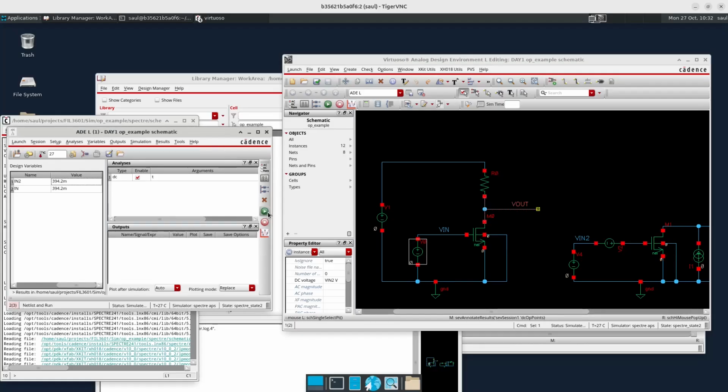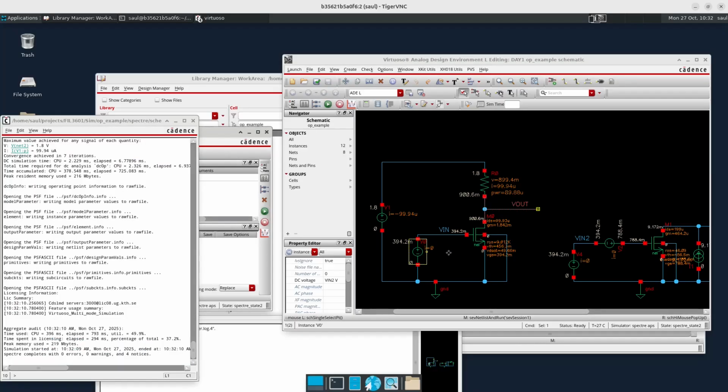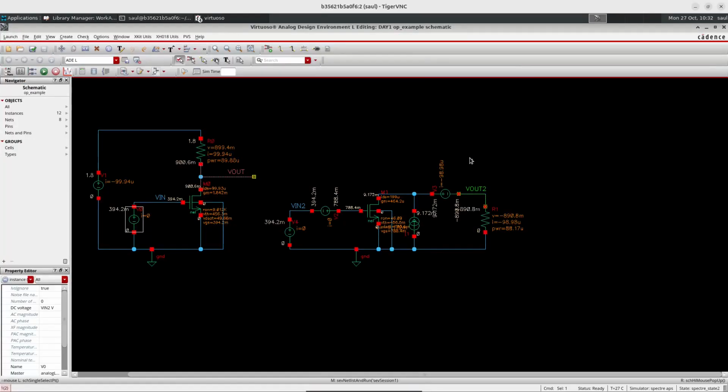Okay, we run it, and then we see that the current that is passing in this transistor is around 100 microamps, and the voltage VDS is around 900 millivolts, also around half of the power supply. Now, look very carefully at this.